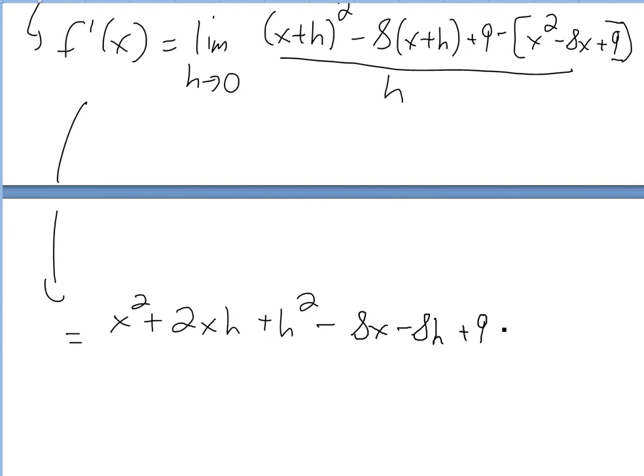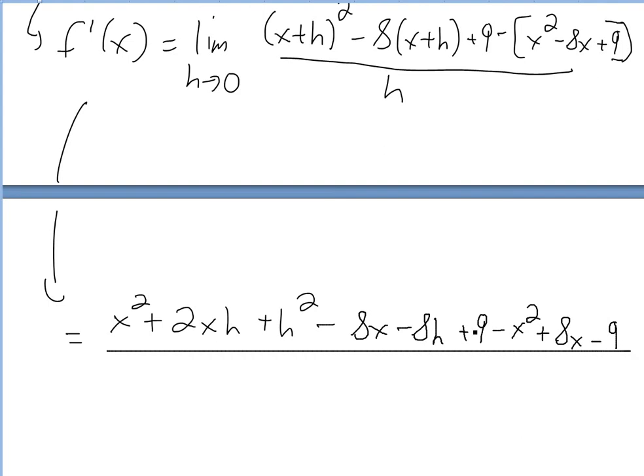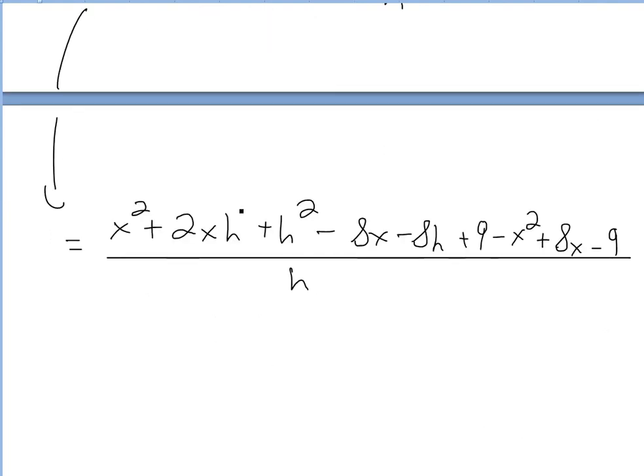On the right side, we're going to have minus x squared, plus 8x because the negatives make it a positive, and then minus 9, and then all this divided by h.